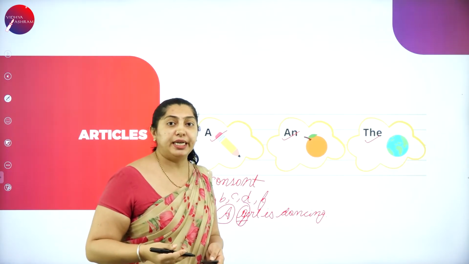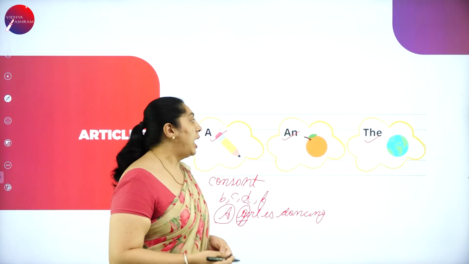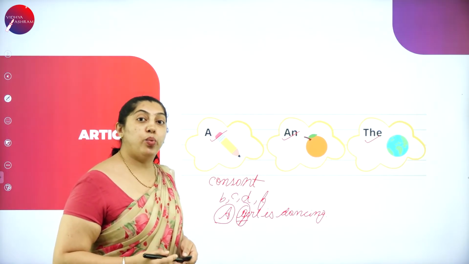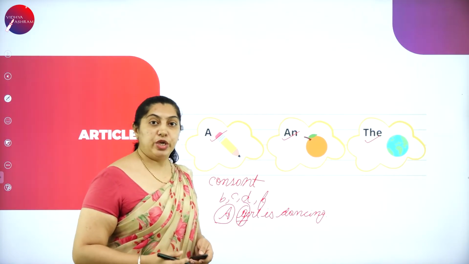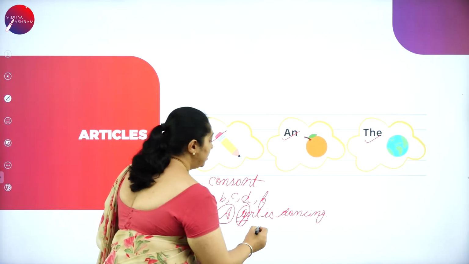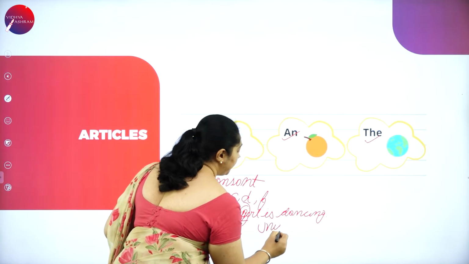Before the consonant letter, we use the article a. And not only before the consonant letters, sometimes with the vowel letters also we use the article a. Why is it so? For example, university.